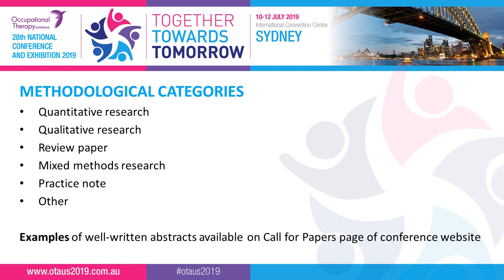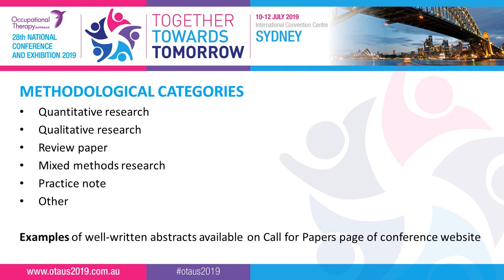Narrative reviews, which report on a range of literature and provide a bit of a summary, tend to be a little bit less objective and are more difficult to replicate. Therefore, for narrative literature reviews, we suggest that they be included not as a review paper, but in the other category.